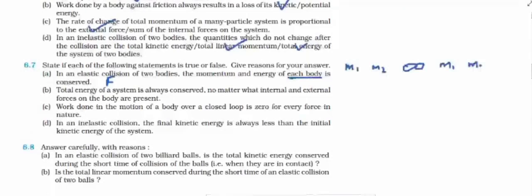Remember the case which you have studied. Total initial energy is equal to total final energy, or total initial momentum is equal to total final momentum. But it is not the individual momentum or individual energy.